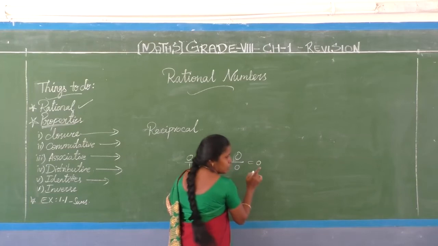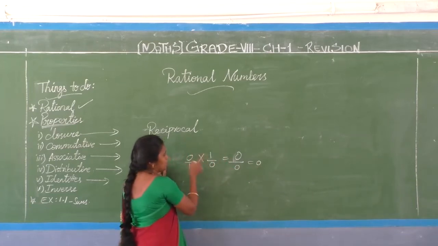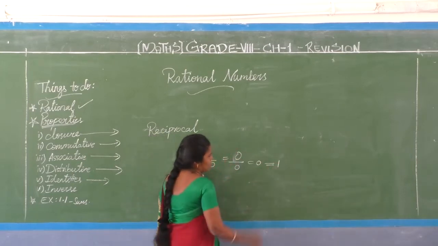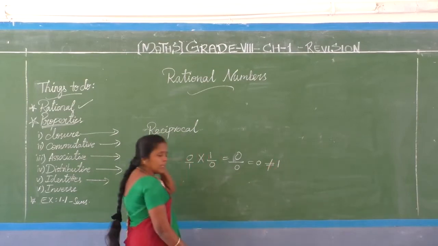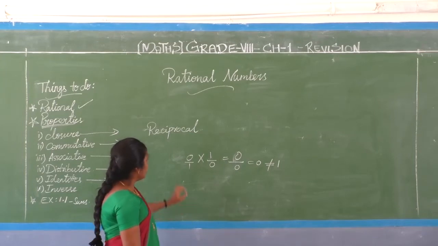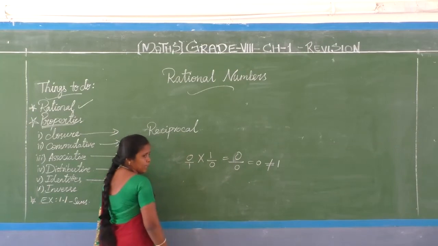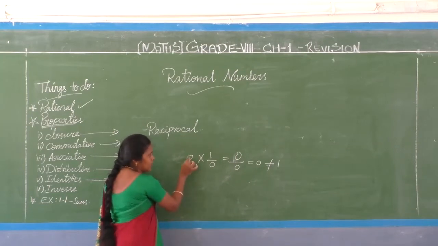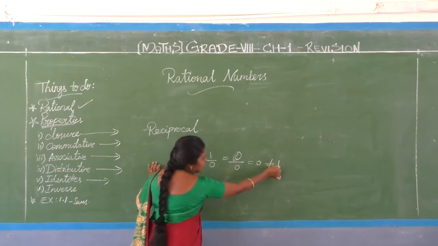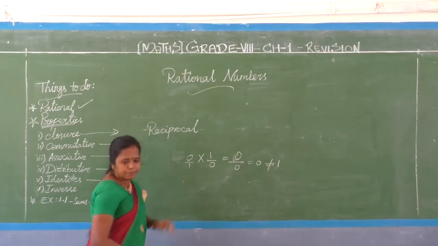But for verifying the reciprocal of any rational number, what must we get? Equal to 1. But 0 is not equal to 1. So 0 has no reciprocal. Again I am telling you, if you want a reciprocal, your product must be 1. But if you take 0, our product is coming as 0 only, but we want 1. So 0 has no reciprocal. Clear?